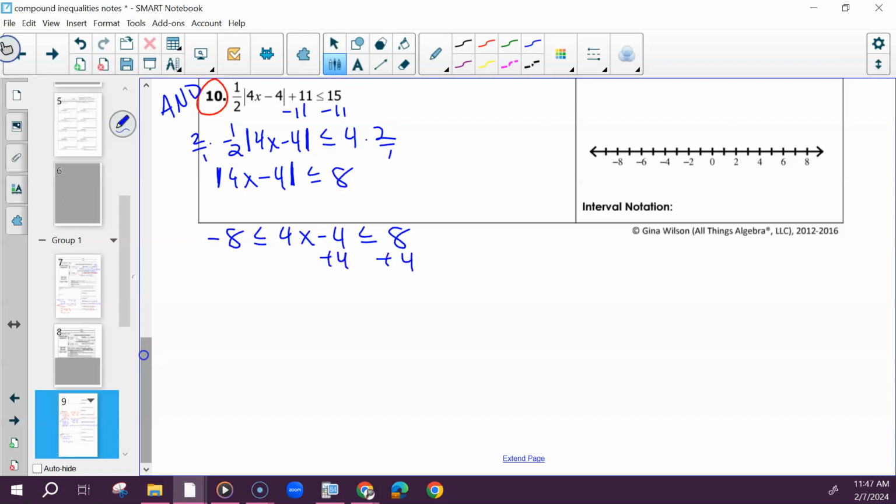Add 4 to both sides. And divide everything by 4. When you draw your line, start at negative 1, end at 3.